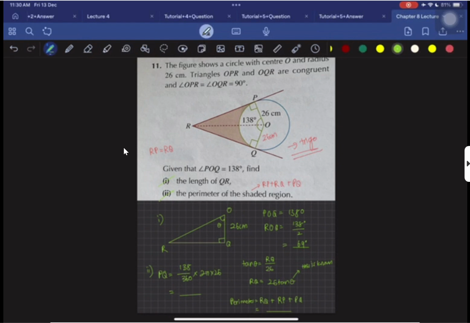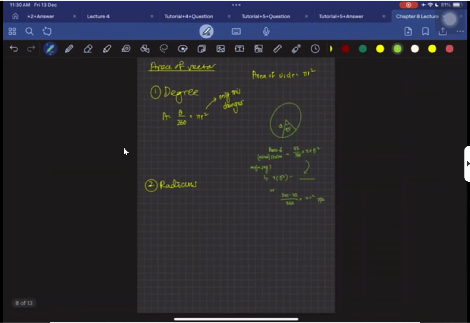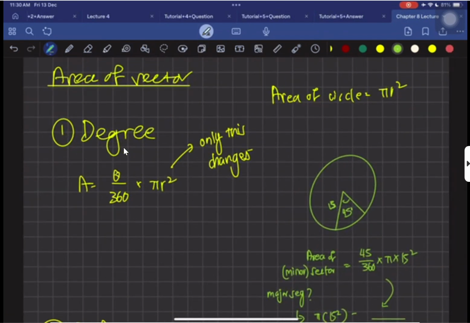Now next, move on to the next concept, which is area of a sector. Area of a sector is very similar. Previously, for length of an arc, we looked at the perimeter of a circle. For area of a sector, you look at the area of a circle.